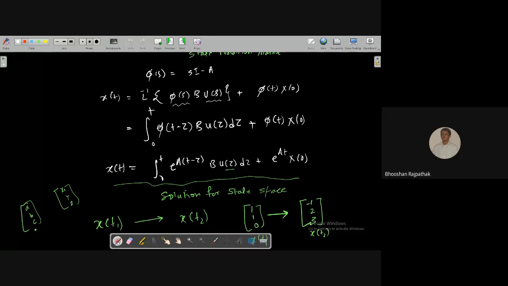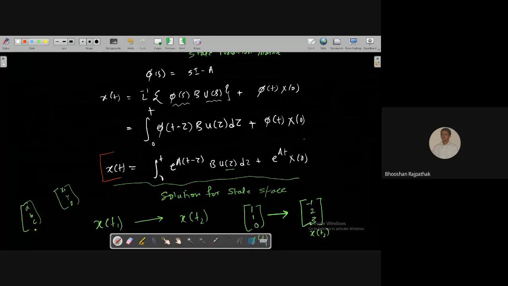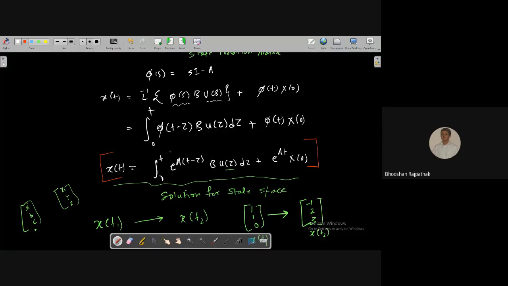This I will again revisit to emphasize the point. This is called the complete solution of state space. It has two parts. This is one part and this is another part.